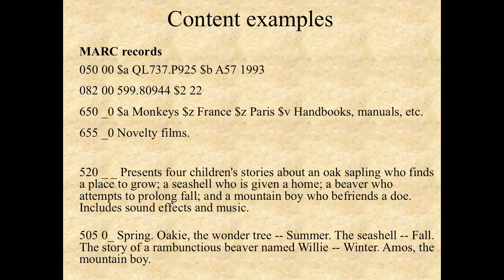But in addition to those controlled fields, we have a couple of non-controlled fields. So we have a 520, which is for a summary. We also have a 505, which is a table of contents. So all of these, in different ways, are ways of getting at content descriptions.